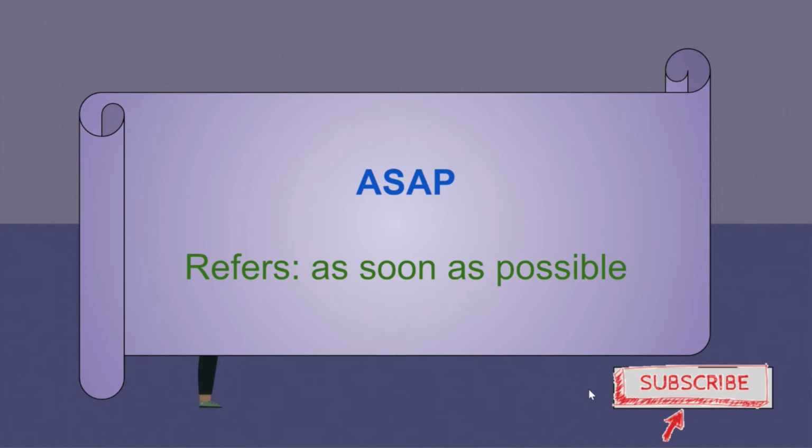That means to deliver it as soon as possible, right? And this particular term can be used in an email or in general conversation in a meeting. It's an absolutely wonderful term to be used, and you might come across people using it quite often, right? So this is a term that you can use.